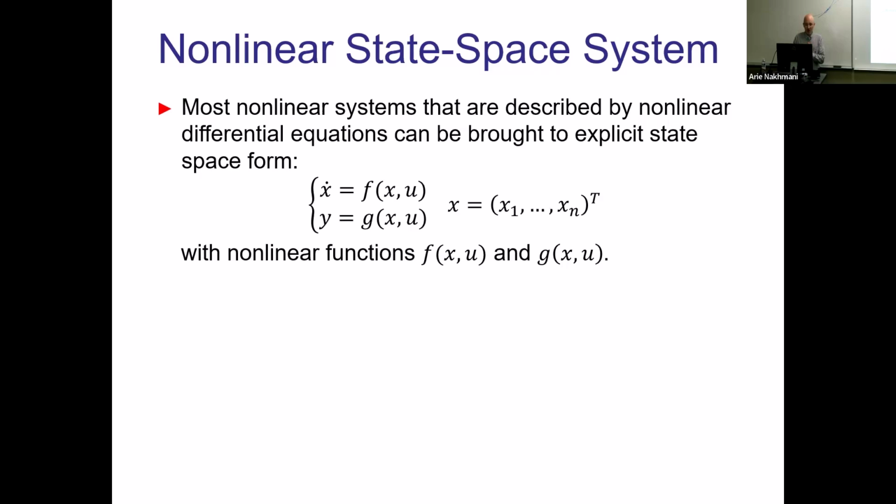The only limitation here in that representation is that x dot is separate. So you kind of took it out. For some systems, it's not really possible. So you can write it only in implicit way, which means x dot is buried somewhere inside the f function. Okay, so you have f function of x dot, x, and u, and maybe higher derivatives of x.